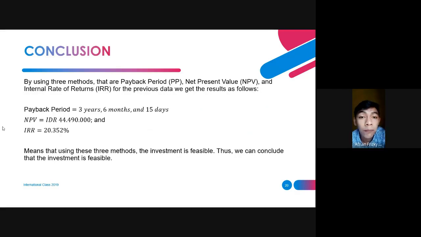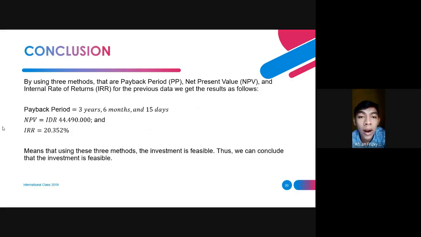Using NPV, we get 44 million and 490,000 rupiah, which is greater than zero, so the investment is feasible.